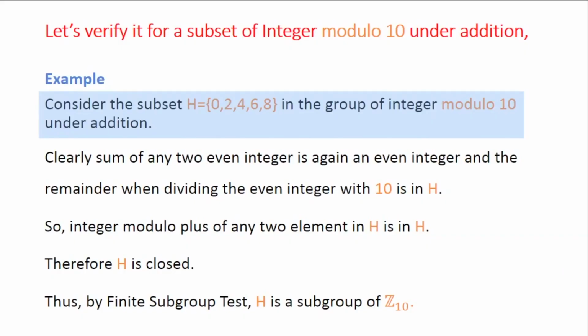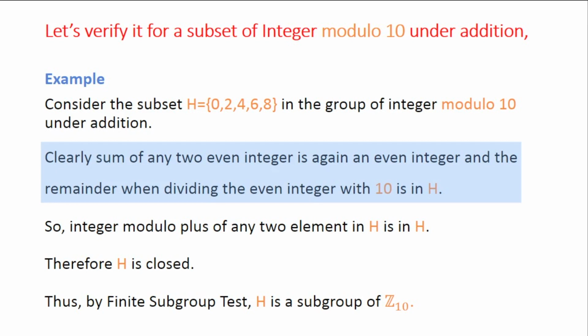Let us verify it for a subset of integers modulo 10 under addition. For example, consider the subset H equal to 0, 2, 4, 6 and 8 in the group of integers modulo 10 under addition.